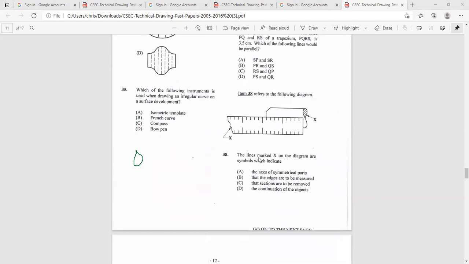The lines marked X on the diagram are symbols which indicate: A, the axis of symmetrical parts; that the edges are to be measured; that sections are to be removed; the continuation of the object.